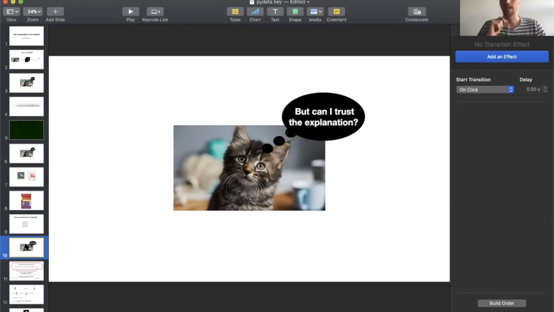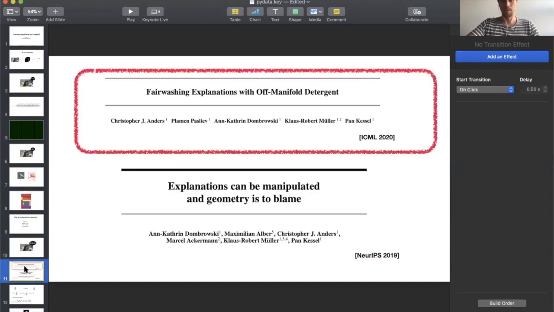It's certainly not something that you should just take at face value and simply trust. Okay, so I've basically written two papers about this over the last year. One was at NeurIPS last year and called Explanations Can Be Manipulated and Geometry Is to Blame. And the other one was at ICML just this year, just a few weeks ago.